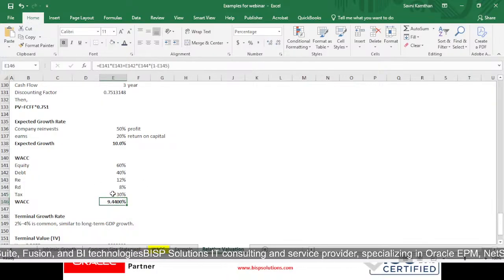So we will be getting 9.44%, right? So WACC is the discount rate for valuing FCFF. Lower WACC equals higher value, right?